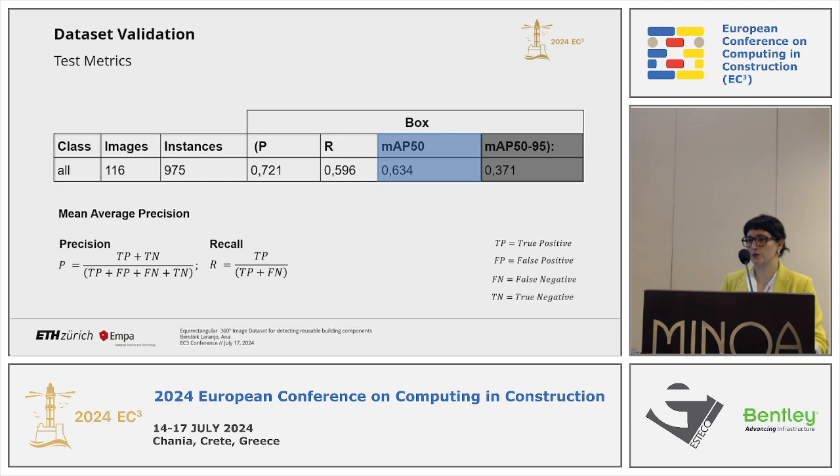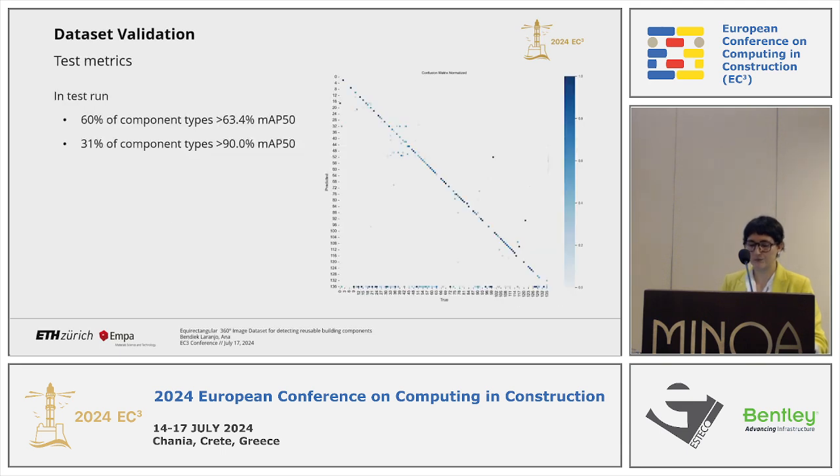So if we want to draw conclusions on how to improve the data set, we need to have a closer look at specific classes. In the diagonal of the confusion matrix, we can see that most classes are confidently predicted. In fact, in the test run, we had over 60% of the component types detected with higher precision than the mean average precision, and even 30% had a higher precision than 90%.